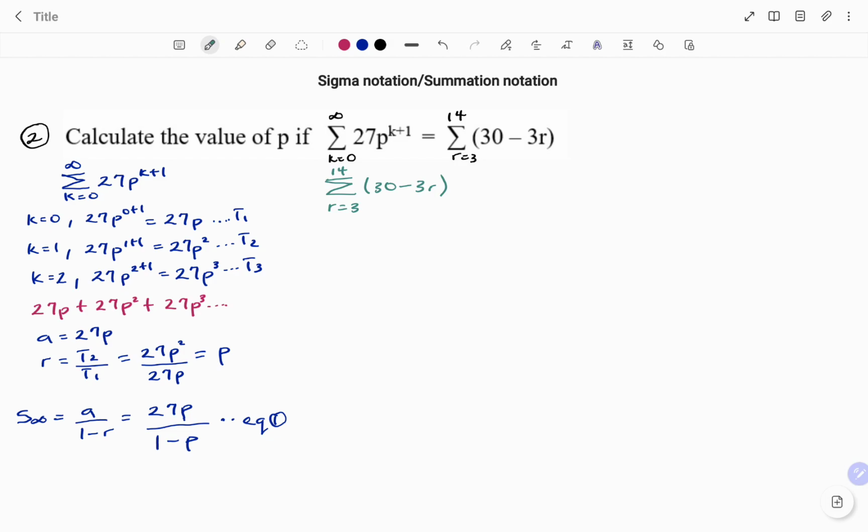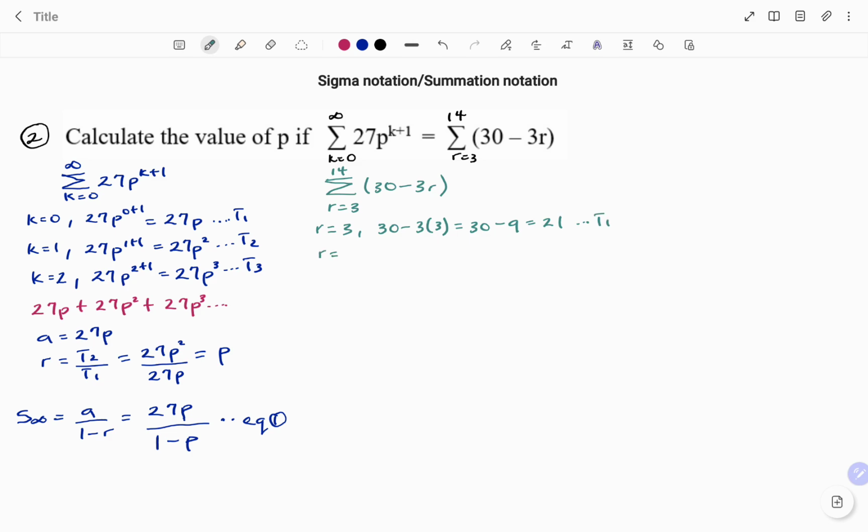To find the sum of our right-hand side, we need to find at least the first 3 terms. Because our lower limit is r equals 3, if r equals 3, then we have 30 minus 3 times r, which is 3 times 3. That will give us 30 minus 9, we have 21. That will be our first term.